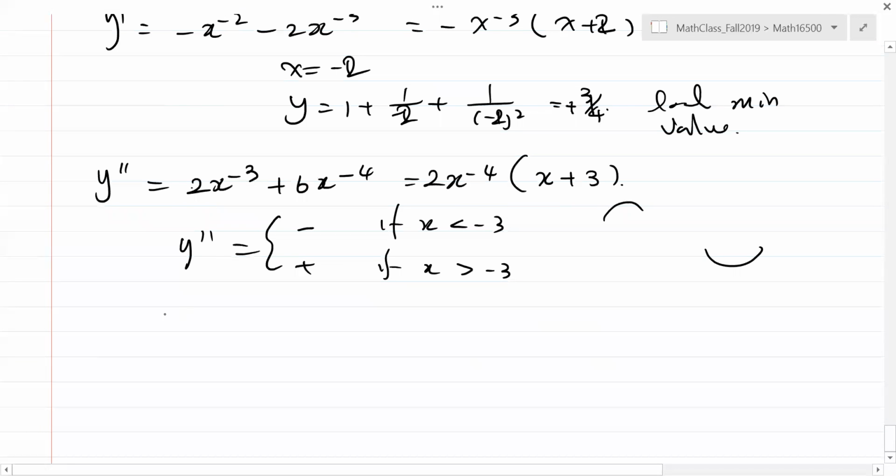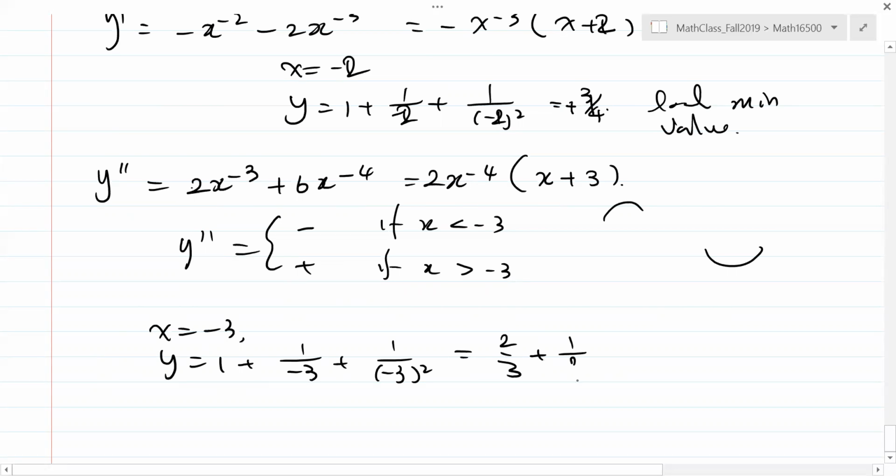So the inflection point is when x equals -3, the y value is 1 plus -3 plus -3 squared, and that's 2/3 plus 1/9, 7/9. Okay, so the inflection point is -3 and 7/9.